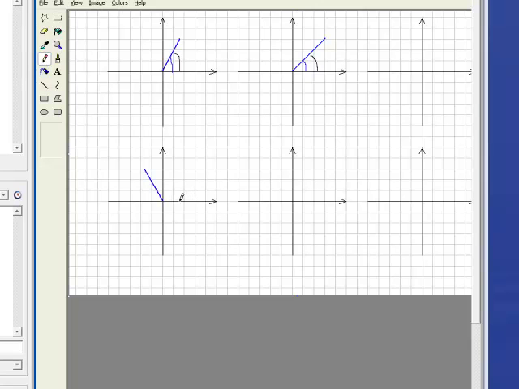So here we have an angle of 120 degrees. I actually meant to do that in black. There we go. And a reference angle of 60 degrees.